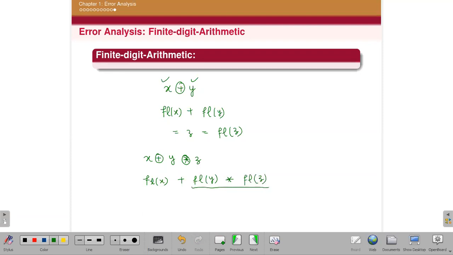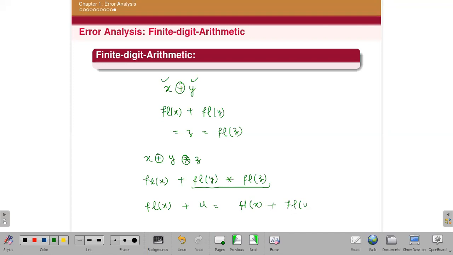Now if I solve these two, FL of X plus, suppose I get U here, then in this again I will do the approximation, which means at each step you have to do the finite digit arithmetic.